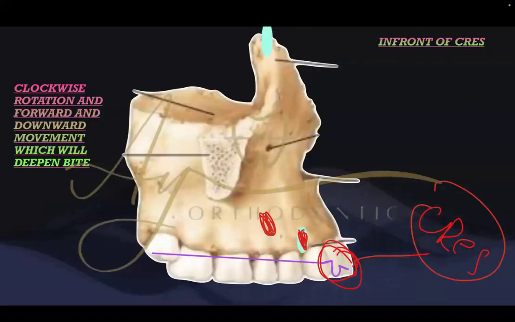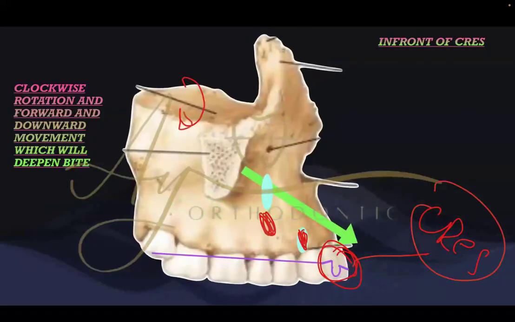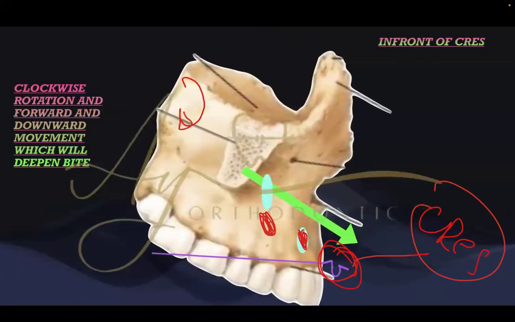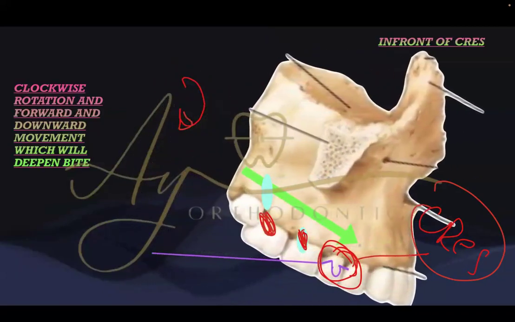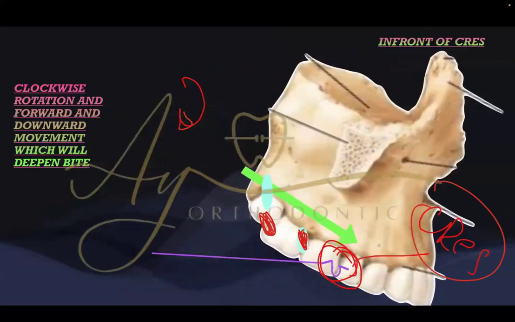A clockwise rotation of the maxilla will happen, and downward and forward movement, which leads to deepening the bite, because I'm in front of the center of resistance. So I have both the rotation moment and the effect of downward and forward movement.